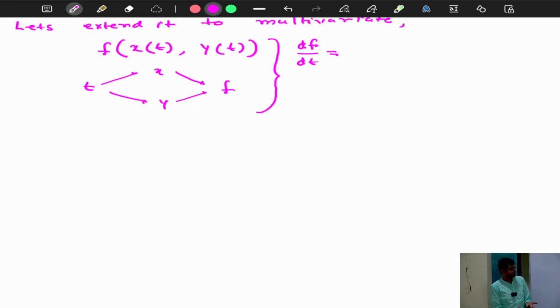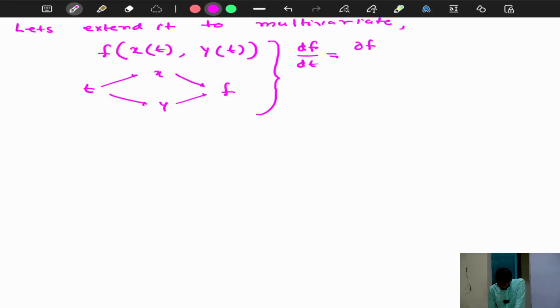So how many paths are there? 2 paths. So the total derivative will be then del f del x dx dt plus del f del y dy dt. Okay.